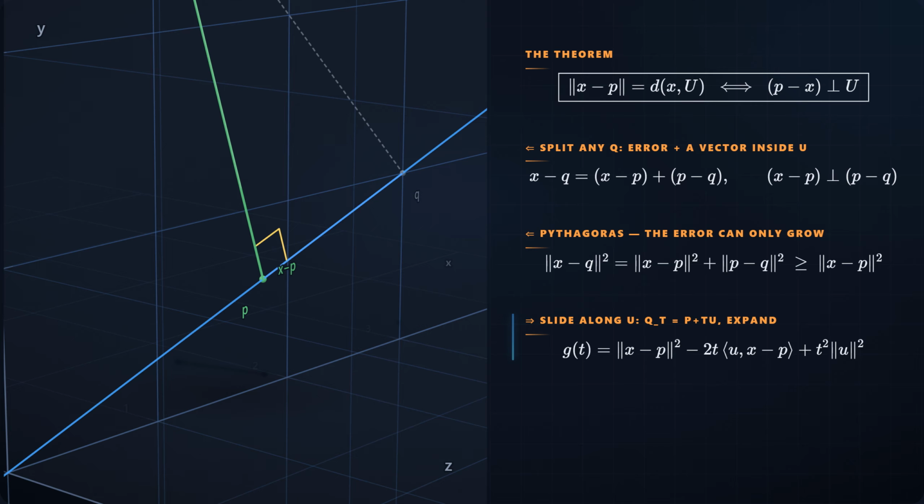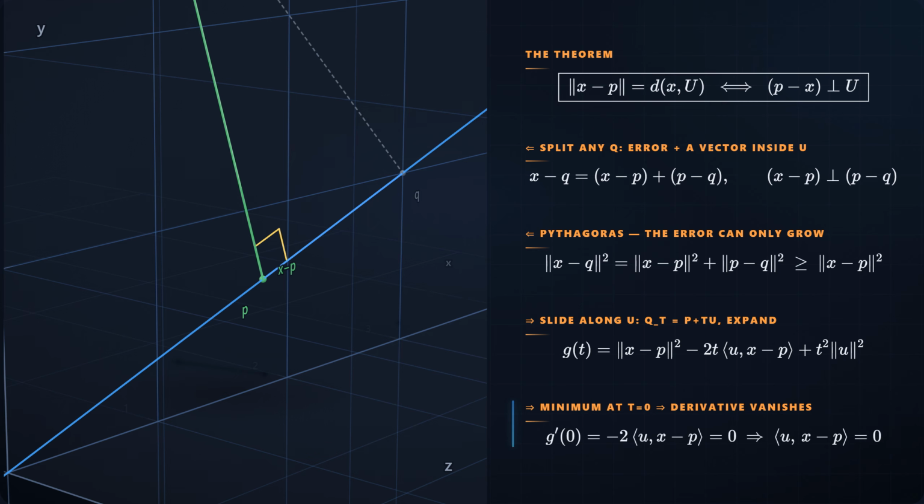And P being closest means that parabola bottoms out exactly at T equals 0. So its derivative at 0 must vanish. That derivative is minus 2 times the scalar product of U with the error. Set it to 0 and the scalar product is 0 for every direction U in U. The error is perpendicular to U. Both arrows proved. So closest and perpendicular are the same statement. Pythagoras one way, a bottoming out parabola the other.